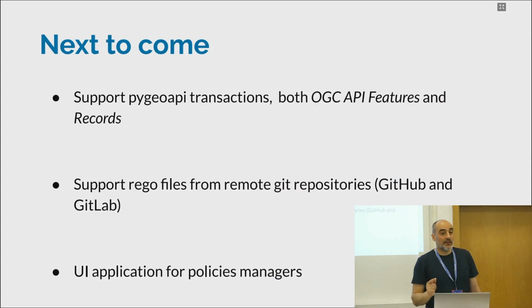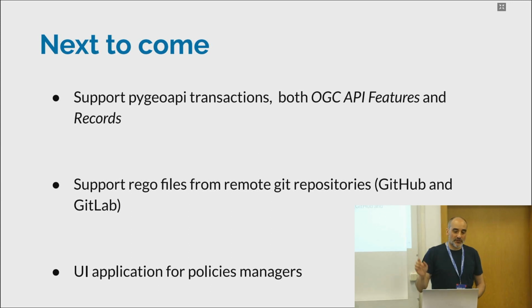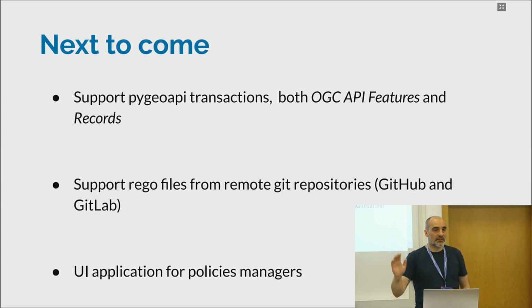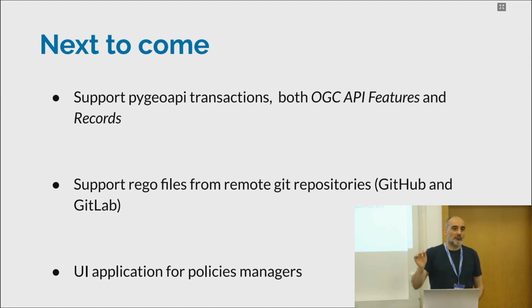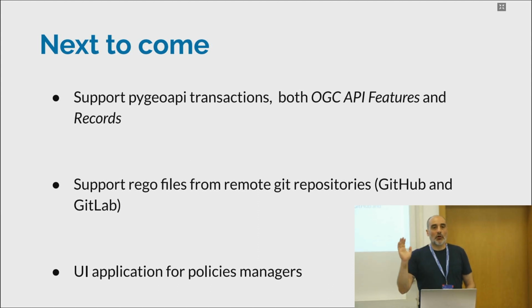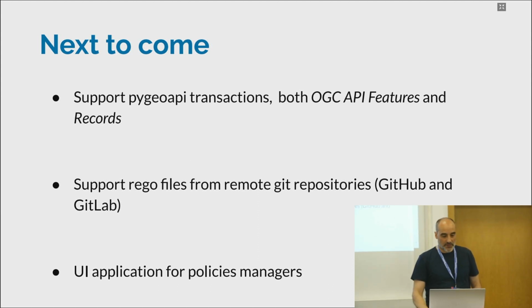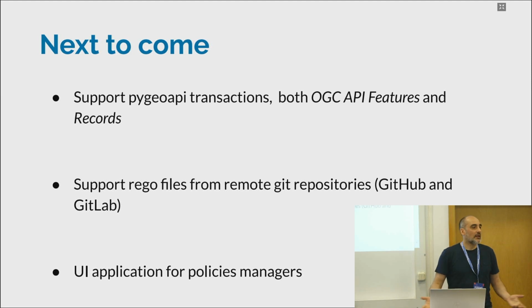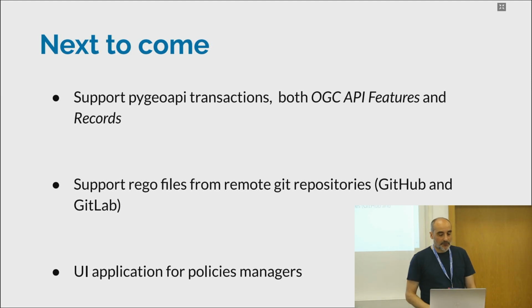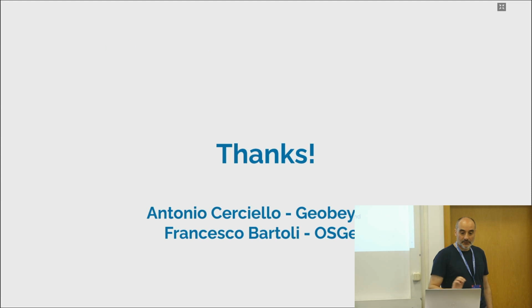The Rego file is just a file that you can push whatever you want, and we want to support Rego files from a remote Git repository, to enable the pattern of policies as code. And probably build a UI application, because the administrator likes a UI on top of that. And that's it.